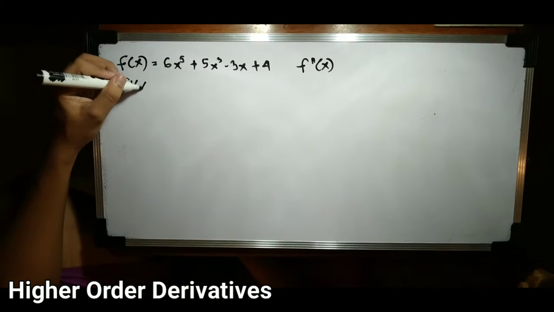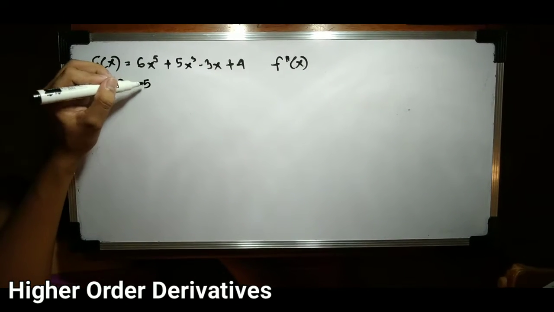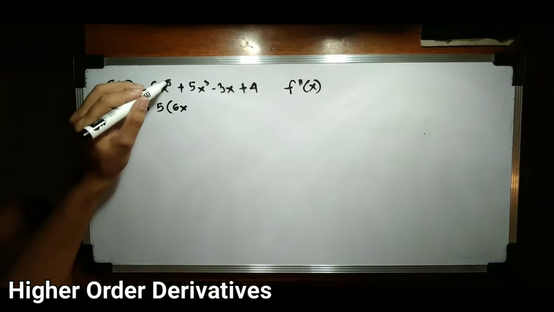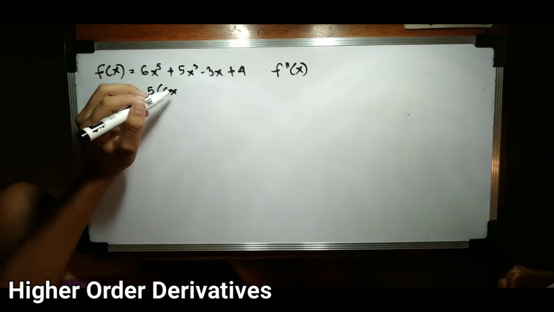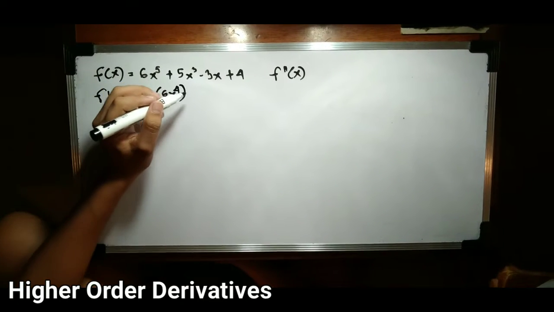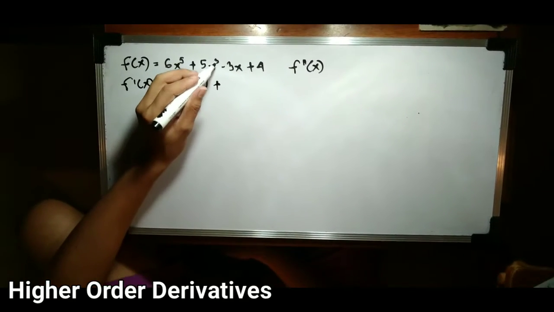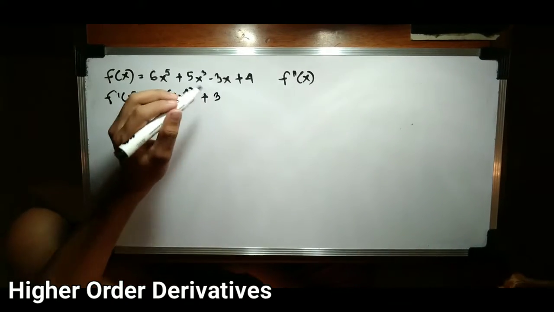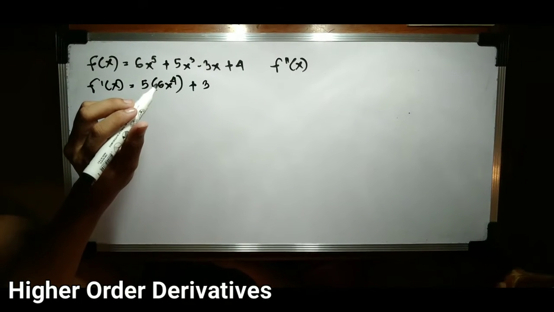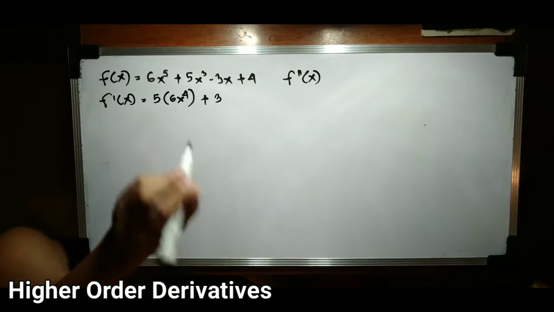So f prime of x is equal to, this exponent will go to this side, then multiply by 6x raised to, this exponent will be subtracted by 1, so the 5 will now become 4, plus the exponent 3 will be moved to the left side of 5.